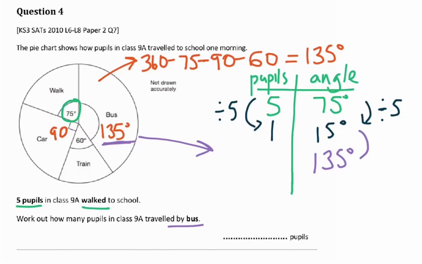So 135 divided by 15 is 9. So if I times 15 by 9 to get 135 degrees, I'm going to times by 9 on my pupils. So 9 pupils represent an angle of 135 degrees. Therefore, 9 pupils came to school by bus on one morning.